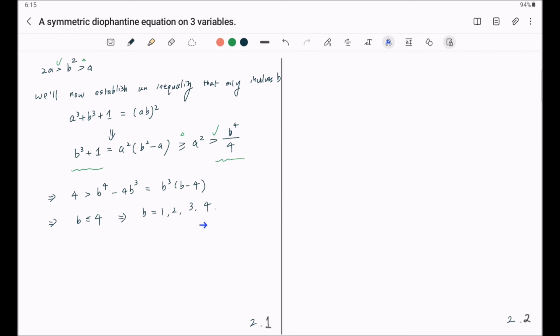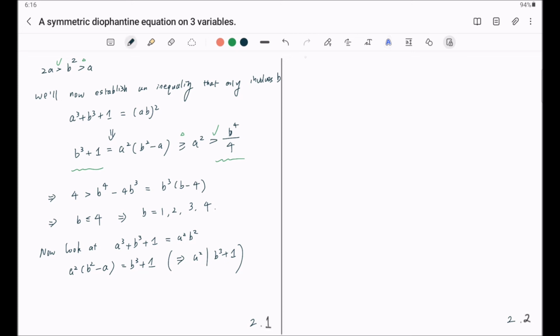And now we are ready to finish the solution to this equation. We're just going to plug this back into this equation and see how many choices we have for A. So we perform this transform again, and observe that from this equation we have A squared must divide B cubed plus 1. This will save us some effort later.